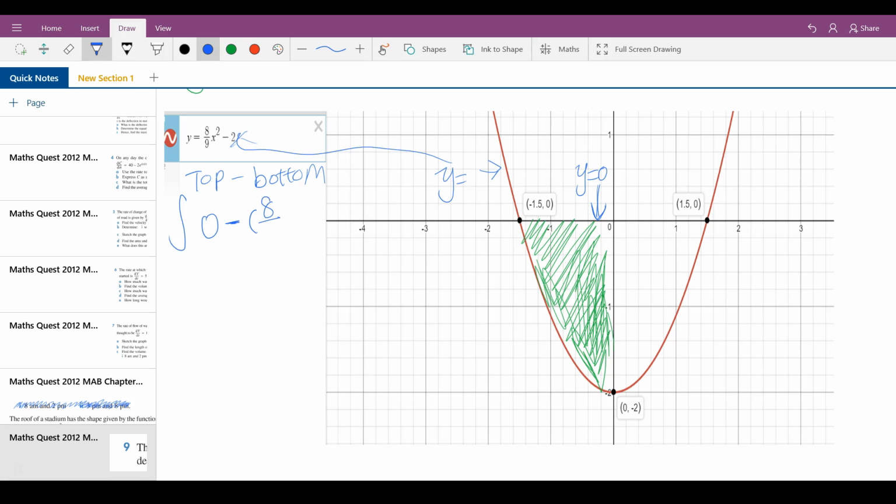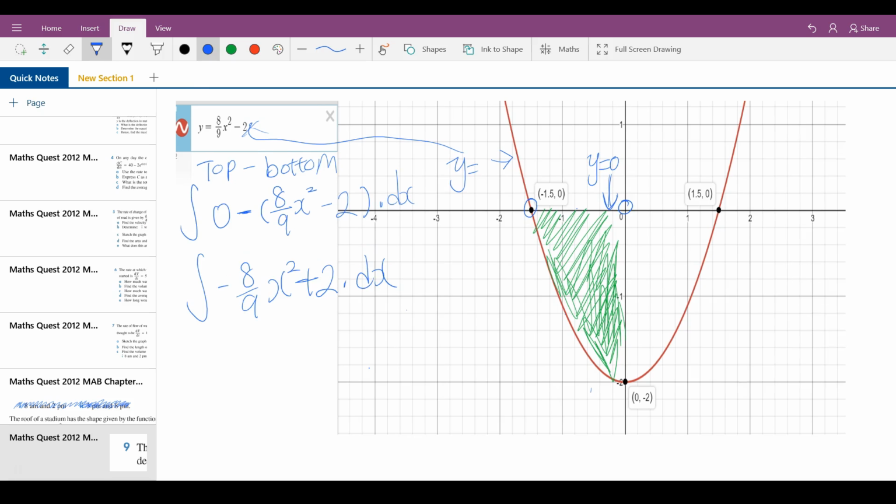So it will be 8 over 9 x squared minus 2 dx. Alright, we can just expand the brackets out. We expand the negative into the brackets, and it will be negative 8 over 9 x squared plus 2 dx. Remember, this point is very important here.